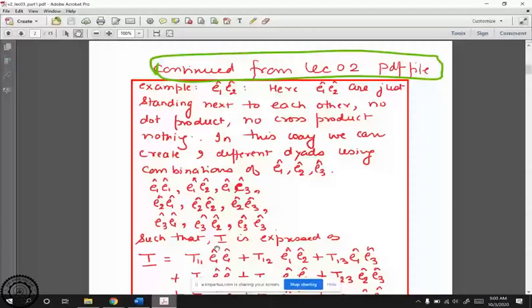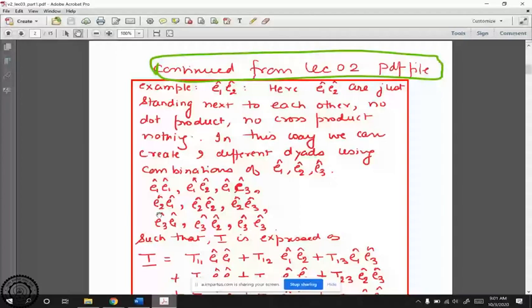Using E1, E2, E3, the mutually perpendicular unit vectors of our Cartesian coordinate system, we can create 9 such dyads. When I say 9, I am distinguishing between E1, E2 and E2, E1. If E1 is on the left and E2 on the right, that is different from E2 on the left and E1 on the right. So order matters.